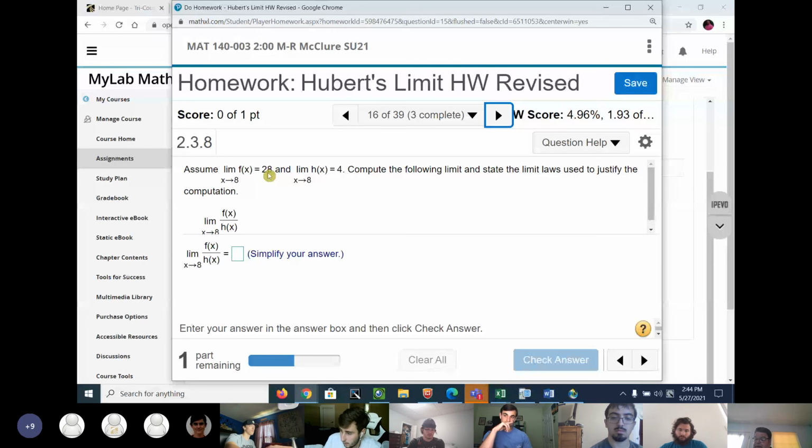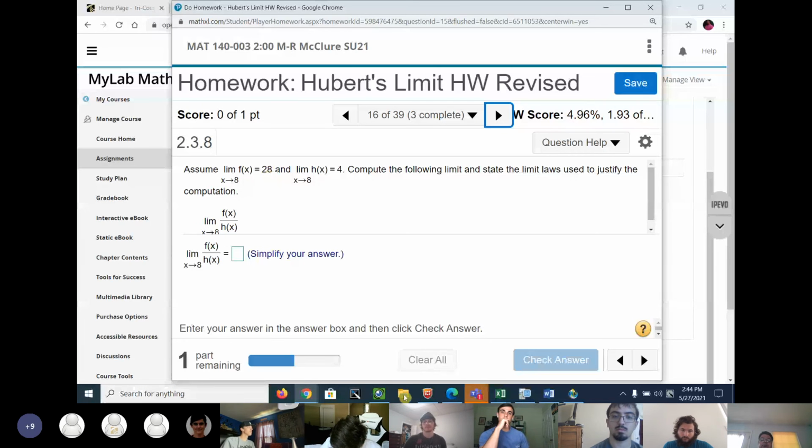And we got f of x is equal to 28, or y is equal to 28, whatever you want to write it. And what is the limit as x approaches 8? And then you got another one. h of x is equal to 4, or y is equal to 4. And you got x approaching 8 again.